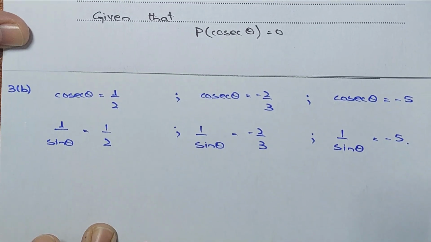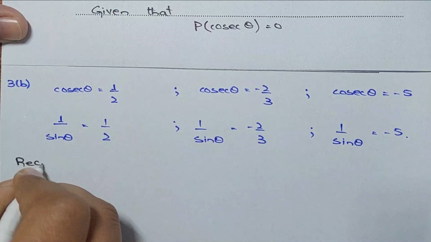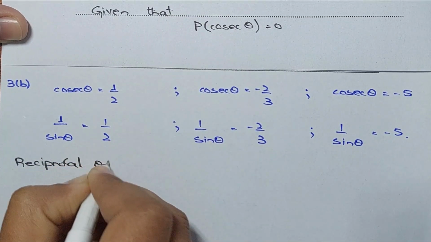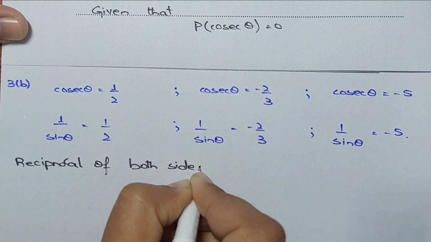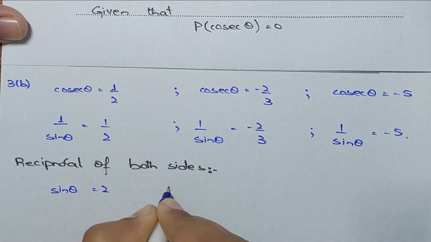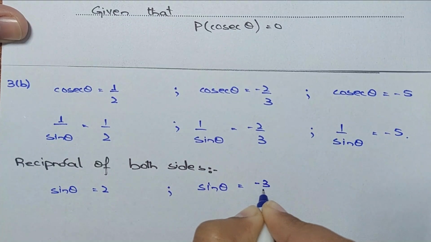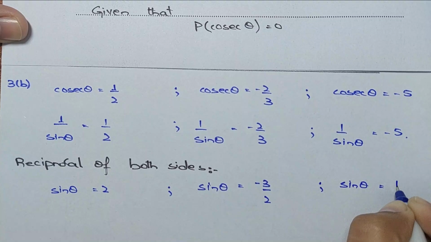Okay, to get the value of sine, we can do a reciprocal of both sides, right? Reciprocal of both sides. So here sine theta, 1 by 2 reciprocal is 2. Sine theta, the minus 2 by 3 reciprocal is minus 3 by 2, and sine theta, this reciprocal is 1 over 5 with a negative, right?